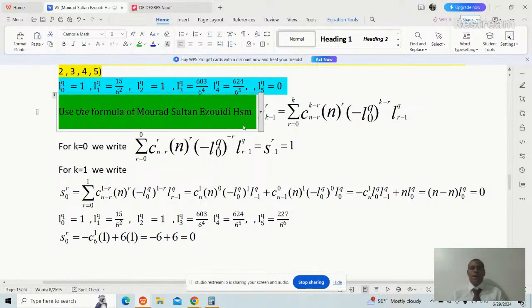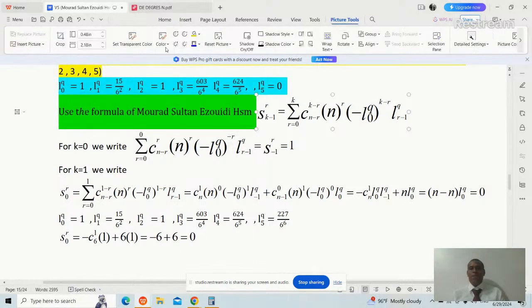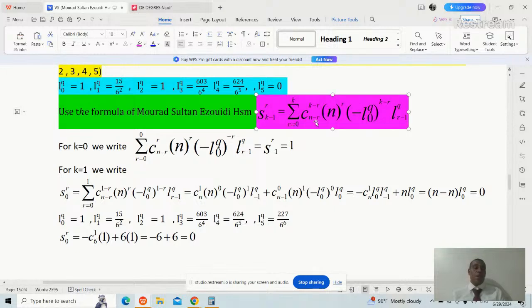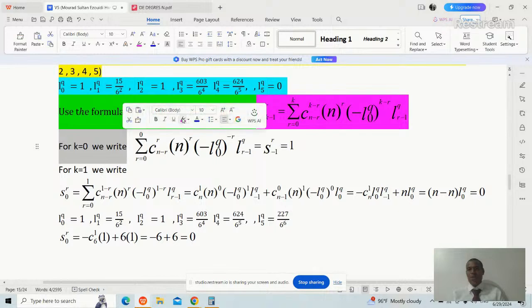Okay, the formula is the sum from r equal 0 to k, combination n minus r, choose k minus r, n raised to the power r times negative L0 for the Q raised to the power k minus r times L r minus 1 for the Q. Now just substitute k with 0, learners.